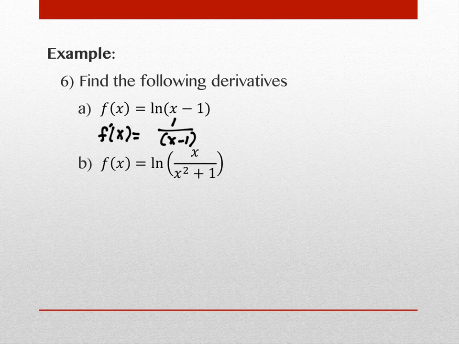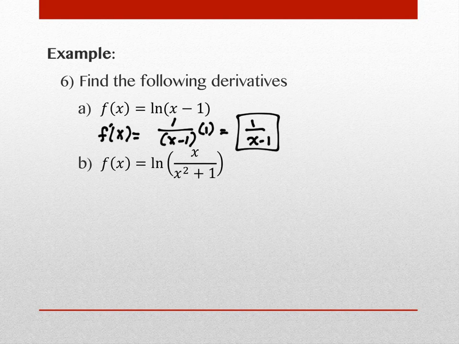It's just not a very exciting one. Because what's the derivative of x minus 1? It's just 1, right? Derivative of x minus 1 is just 1. So I'm going to write it there just to remind you that we did it, but it doesn't actually change it. It's just 1 over x minus 1. Okay? Now, on part B here, it matters. It will matter on part B that we remember that there's a chain rule going on.